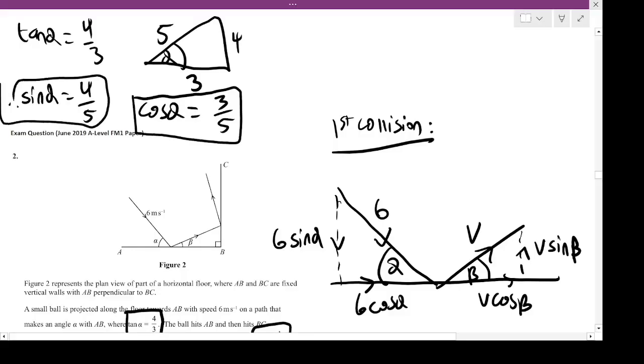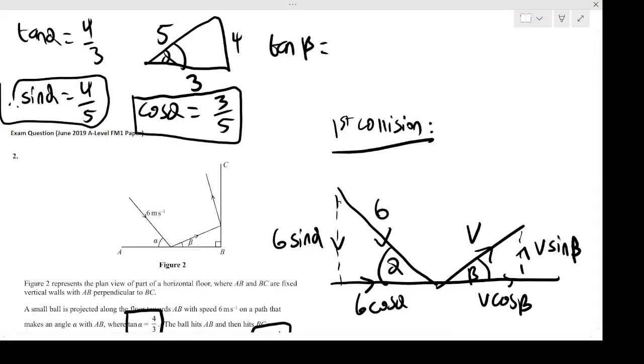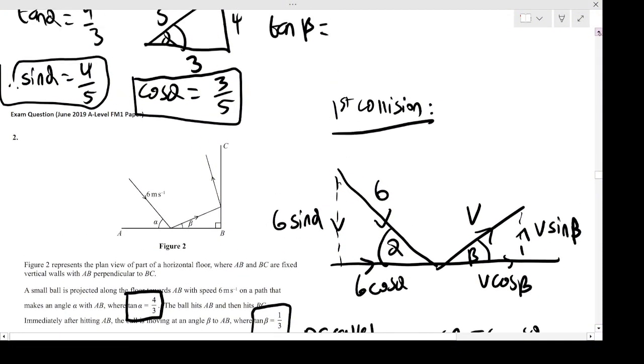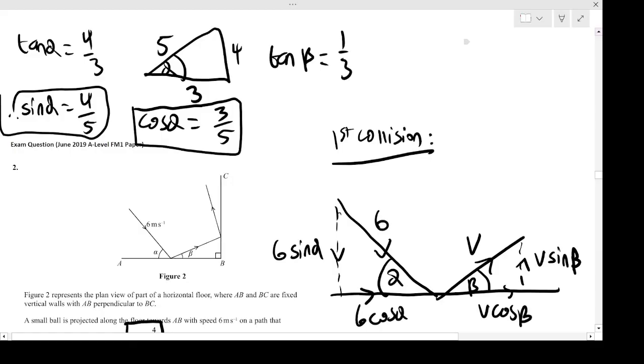I can do the same thing for tan beta. So tan beta, we're told, is a third. So again, if I do a little triangle, I'm going to get this. This is beta.